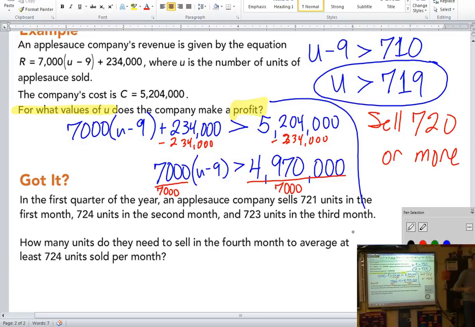How your food gets to you is a big old process, but most of the time that store is not buying cans of soup. They're buying pallets full of cans of soup. So we're not talking small quantities. This is why this is 7,000 times this value. It's probably $7,000 per crate, or per whatever a unit is.